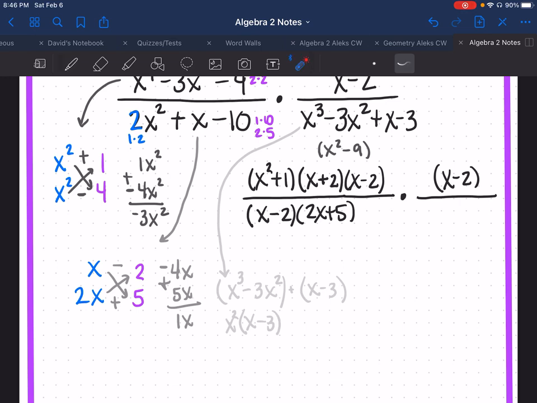Now, if I take a look at this next one, x and 3, I can only think of this as 1 times x and 1 times 3. So the only thing they share is that 1. So I'm going to pull that GCF out, leaving me with my x minus 3, right? And of course my plus is in here because I pulled out a positive 1. I have factored this. I know you're not going to believe I have, but I have.